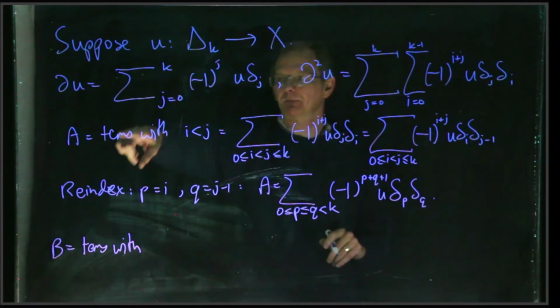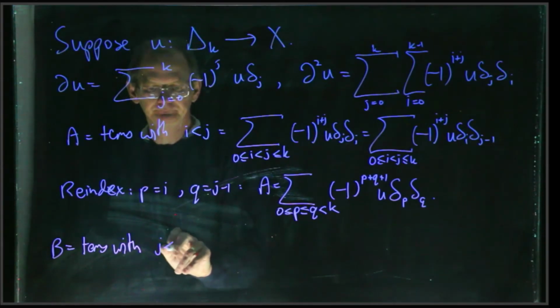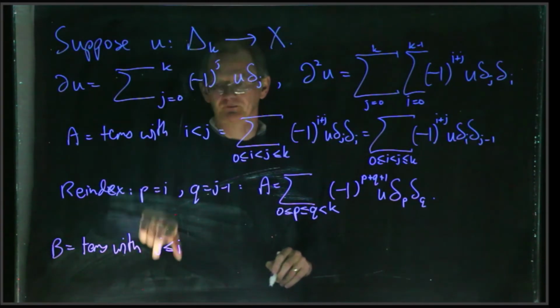And then B is the remaining terms. That's the terms with j less than or equal to i. Some of the terms have j bigger than i, and some have j less than or equal to i.